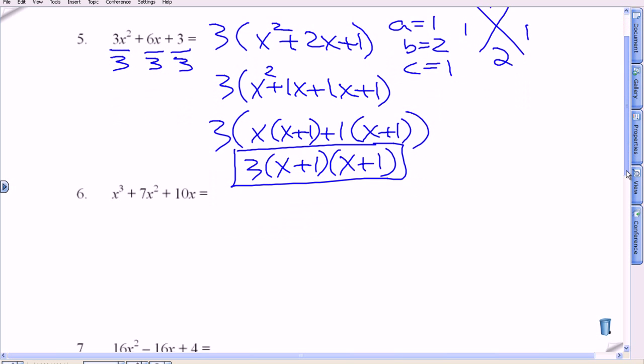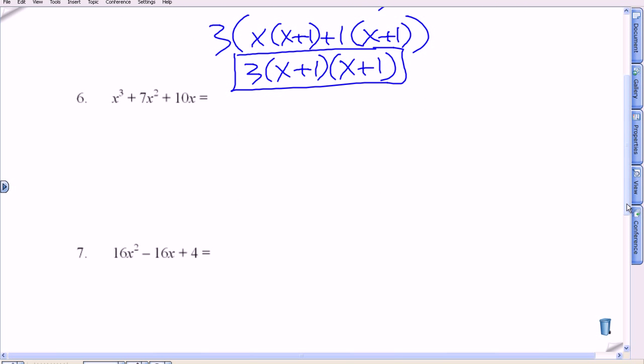Alright, number 6. If you wish, pause the tape and give it a try. Once again, we're going to take a look for a GCF. You notice that I can take an x out of all 3 terms. So this leaves me with x times x squared plus 7x plus 10. So I have a trinomial.